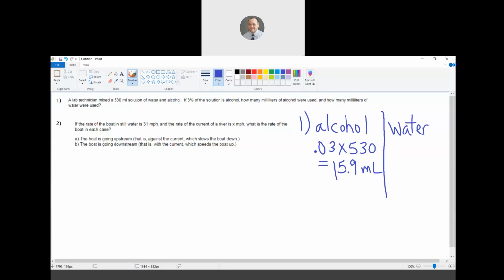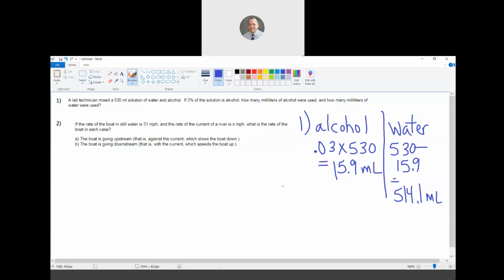To find the amount of water, just subtract 15.9 from 530. So 530 minus 15.9 is 514.1 milliliters. So no systems were required here, although this will help you with later questions involving mixtures.